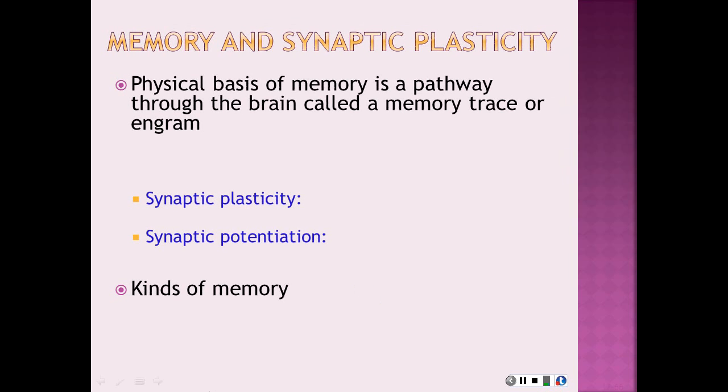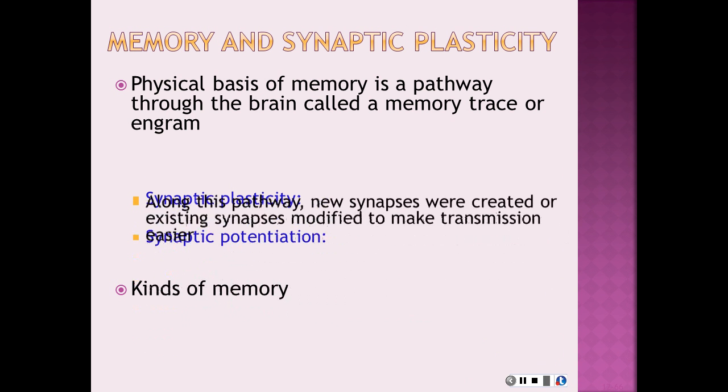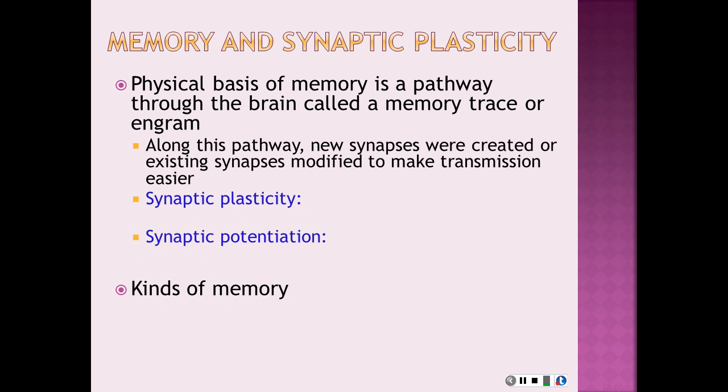Now the physical basis of memory is a pathway through the brain called a memory trace, or an engram. It is based on the ability of synapses to be added, taken away, or modified, which is called synaptic plasticity.